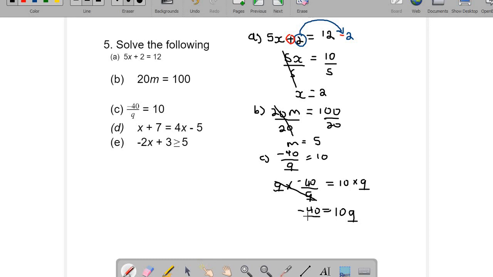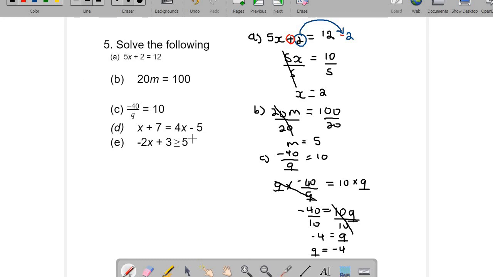We're going to divide both sides of our equation by the coefficient. So 10 into negative 40 would be negative 4, and 10 into itself, this is now gone. That leaves us with q. Since q is on one side of the equation by itself, we have now solved our equation, and we get q is equal to negative 4.